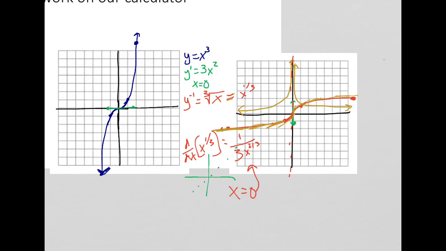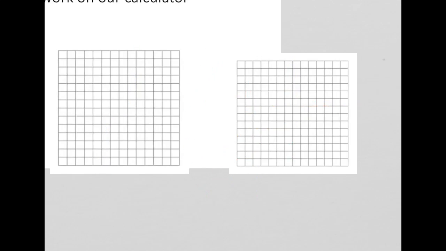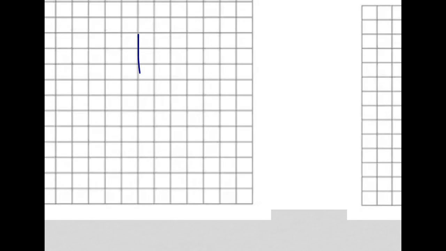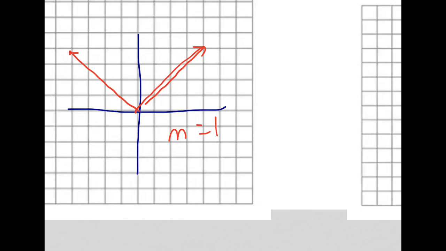Think about another situation here. Think about the function, say, y equals the absolute value of x. Well, that function is going to look like that, ba-boom, and ba-boom, like that. The slope on the right is +1, and the slope on the left is -1.